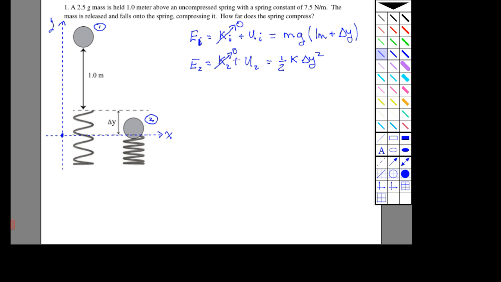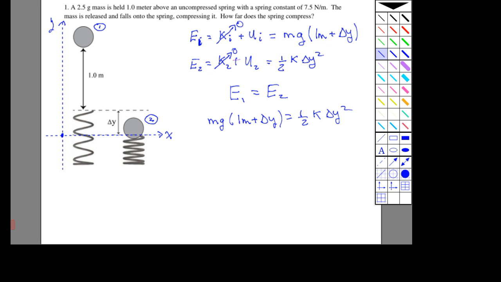So the law of conservation of energy says that our energy at position 1 should equal our energy at position 2. So we plug in what we've already got. We have mg times (1 meter plus delta y) is equal to 1/2 k delta y squared.